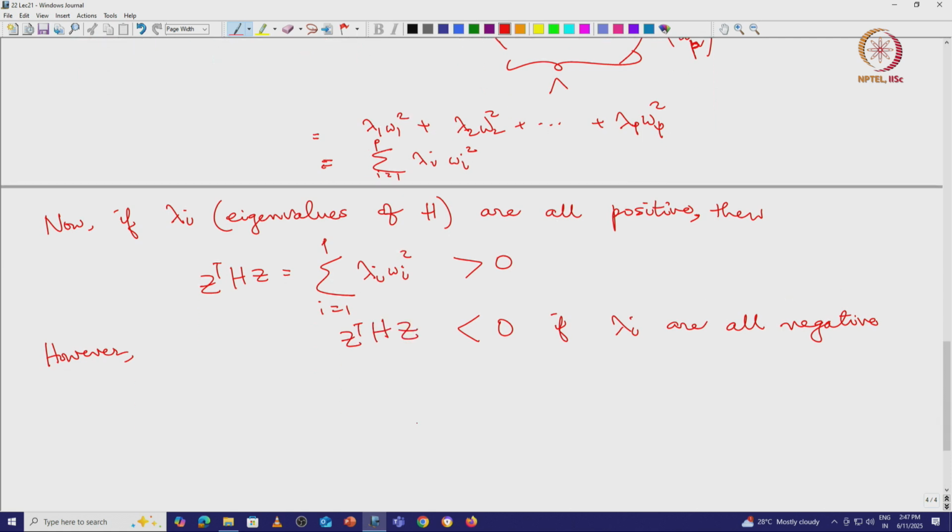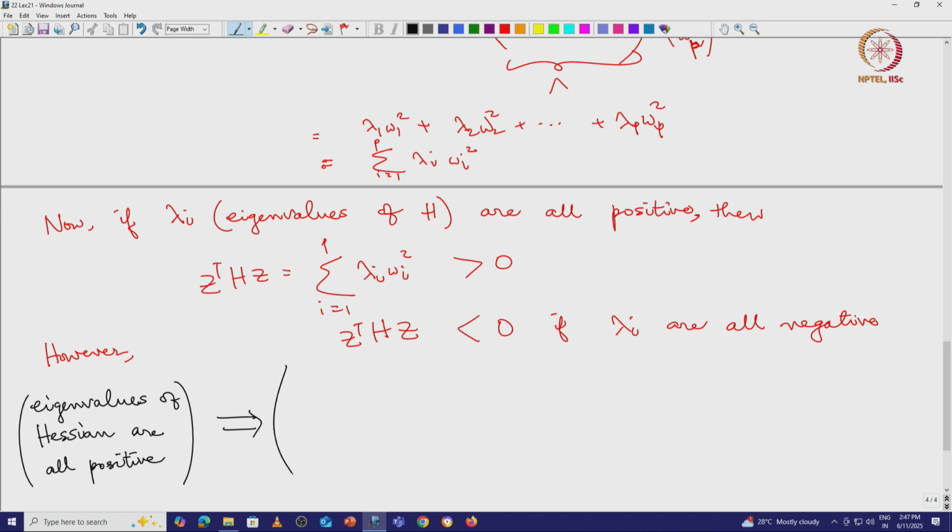So, this is why we can write the following statement. If the eigenvalues of the Hessian are all positive, then that would mean that the Hessian is positive definite.